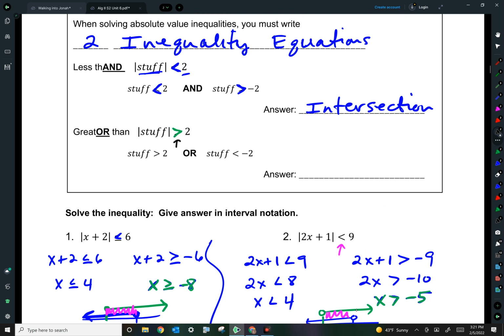And the second one, you're going to flip your inequality and make it negative. But this time, the answer is not the intersection. It's not where they overlap. But the answer is, textbooks will say union, basically meaning you want both answers. Doesn't matter if they overlap or not. In fact, they probably, in most cases, won't overlap.